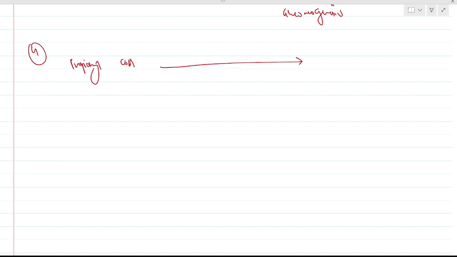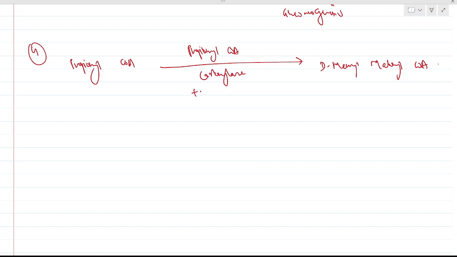And the last part we are remaining with is propionyl CoA. So we have propionyl coenzyme A, which is getting converted to D-methylmalonyl coenzyme A, and the enzyme is propionyl coenzyme A carboxylase.